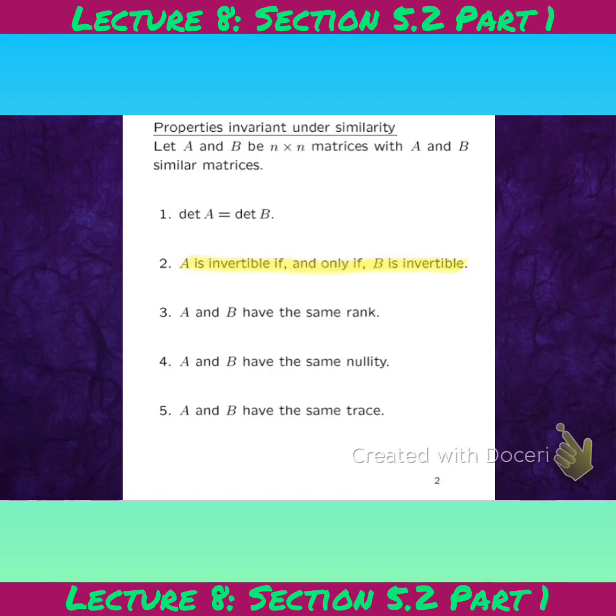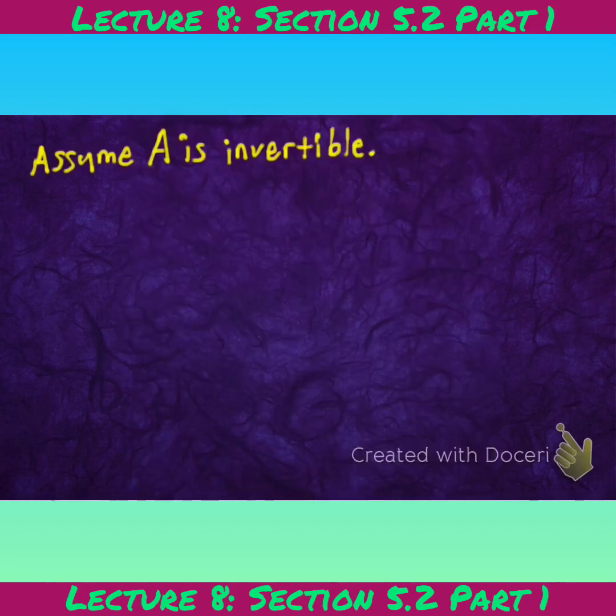So the only way A can be invertible is if, after the similarity transformation, the matrix that we get, which is B, is also invertible, and vice versa. So why is this the case? Let's assume A is invertible.